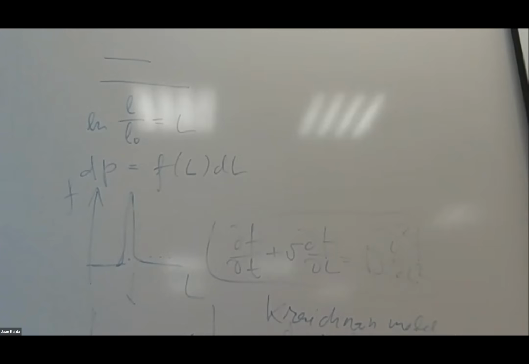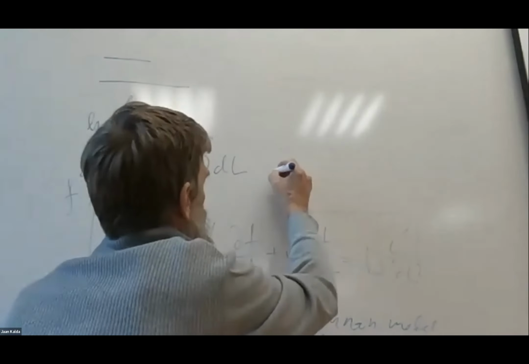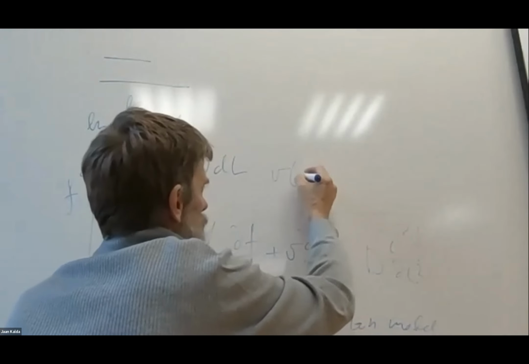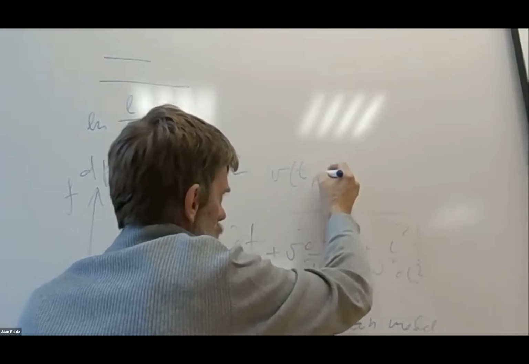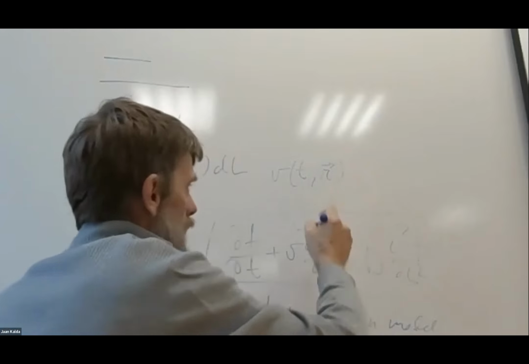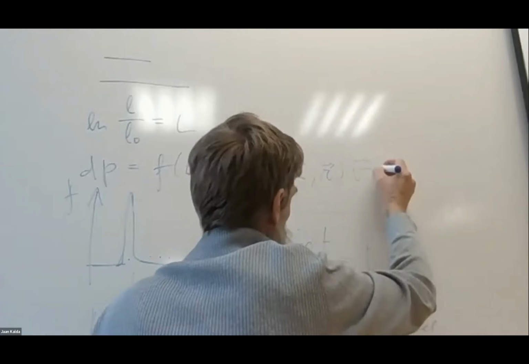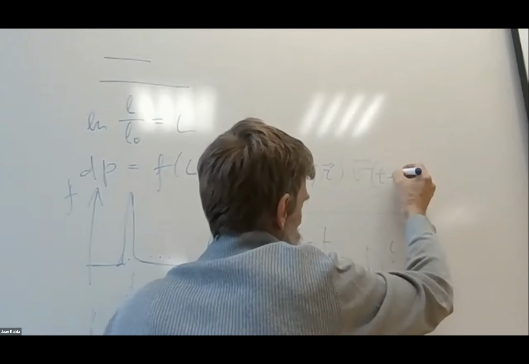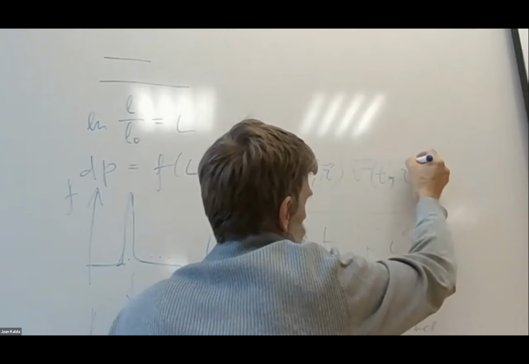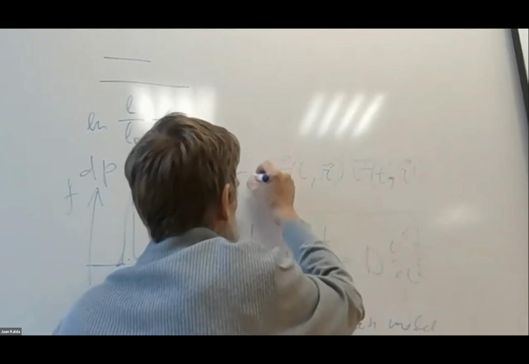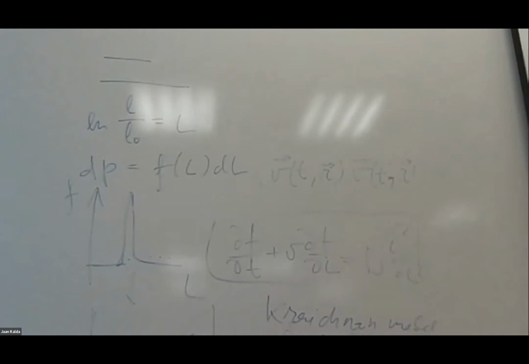So what this means is that if we take velocity at a certain moment of time t at a certain position r, and now calculate the autocorrelation function at a certain moment t prime and r prime, then this is an average over an ensemble of realizations.